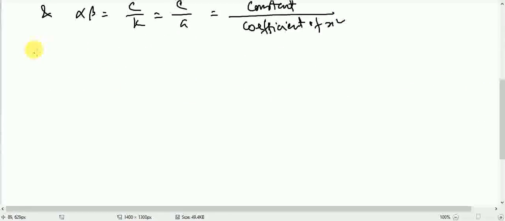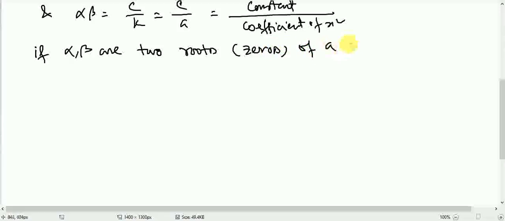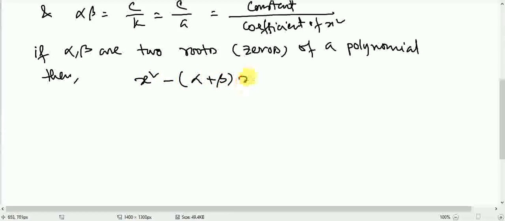So we could say, if alpha, beta are two roots of a polynomial, then x square minus alpha plus beta into x plus alpha beta should be a polynomial. What type of polynomial? Quadratic polynomial, because its maximum exponent of the variable is 2.